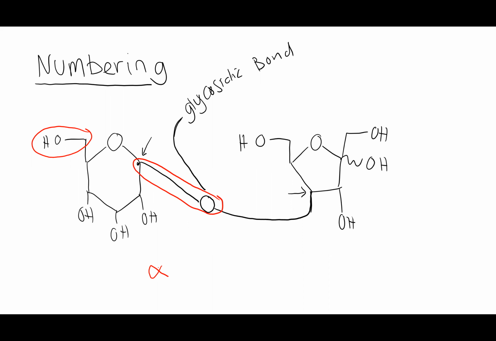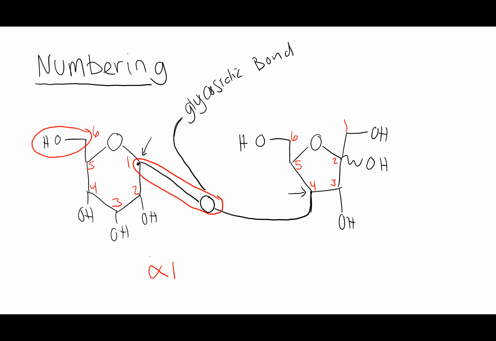The other piece of information that you need to give is where along the ring, what carbon along the ring it is using to bond. So this is carbon position 1. Remember, let's just number our ring. This is position 1.